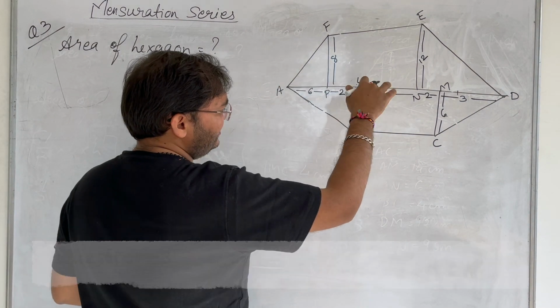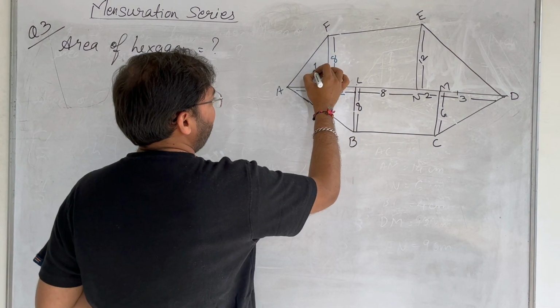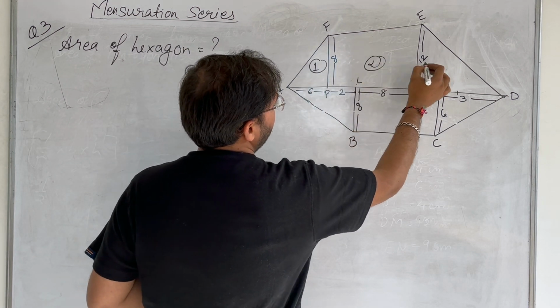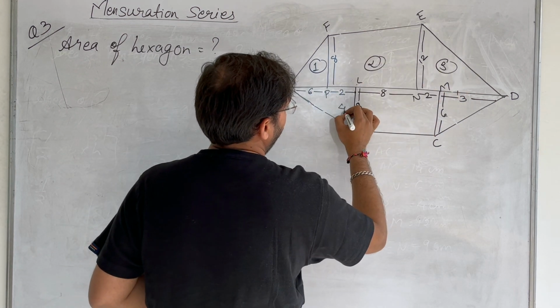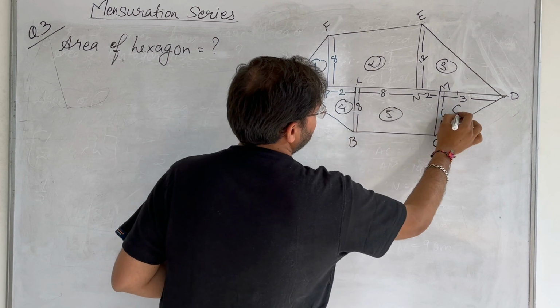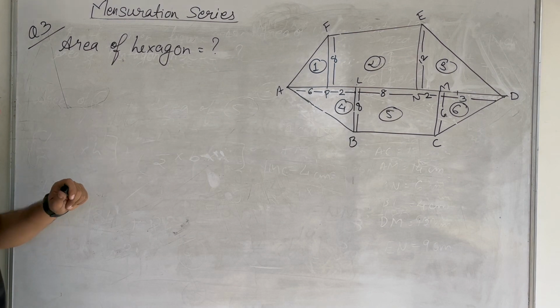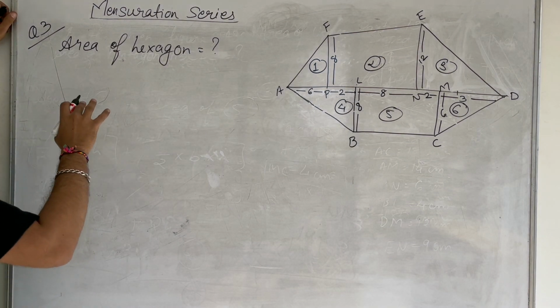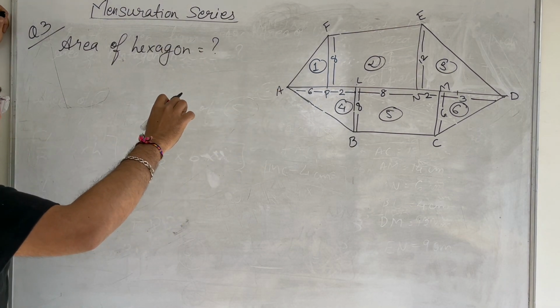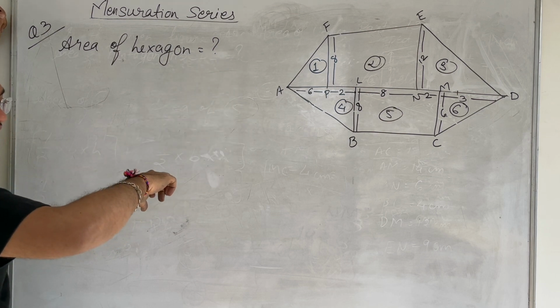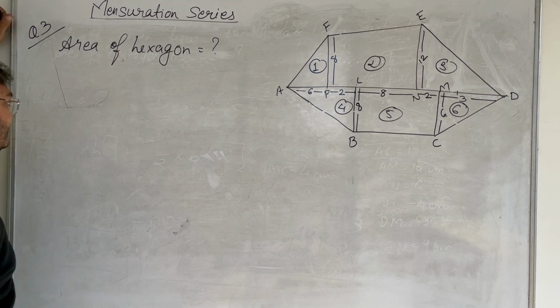So here we can see that this hexagon has been constructed with 6 parts. So let's find the area of all the parts individually and then add up all the areas to get the area of the hexagon.